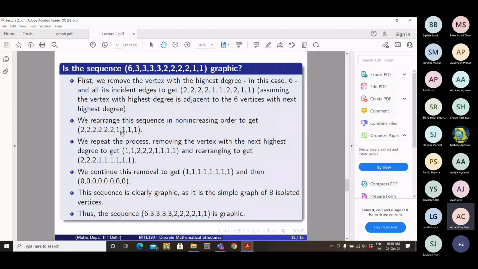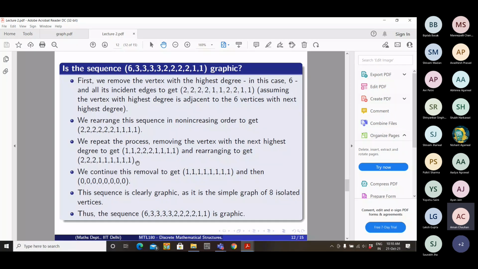So if we repeat the process, means if we remove this vertex, then we will have a graph with degree sequence 2 minus 1, then 2 minus 1, and the remaining others will be the same, right? So it will be 1, 1, 2, 2, 2, and then 1, 1, 1, 1. And if we rearrange these terms, we will get 3 times 2 and then 1, 1, 1, 1, 1, 1.